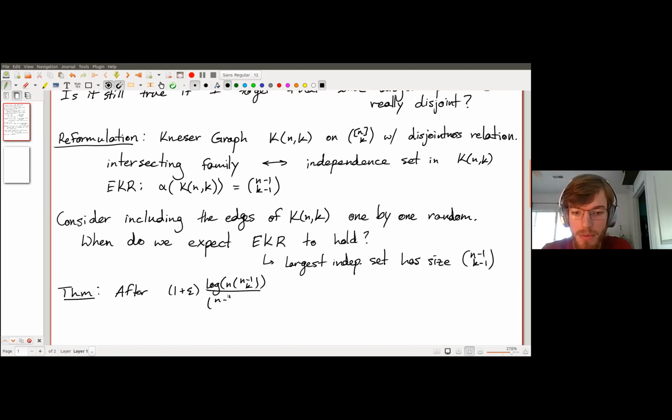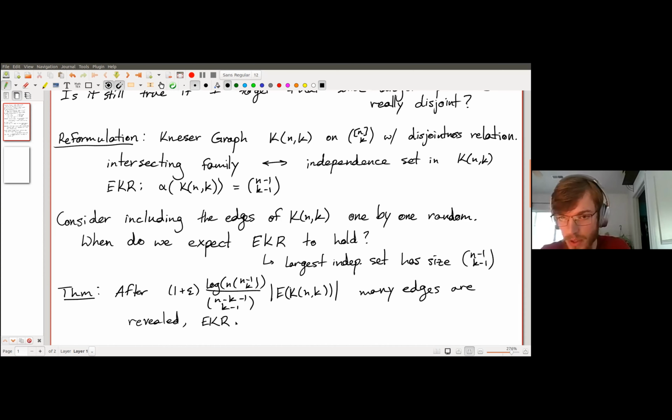I'm just going to write some complicated expression, but don't mind it. So after you reveal this proportion of the edges, after this many edges are revealed, the Erdős–Ko–Rado theorem, or your largest independent set, this holds.